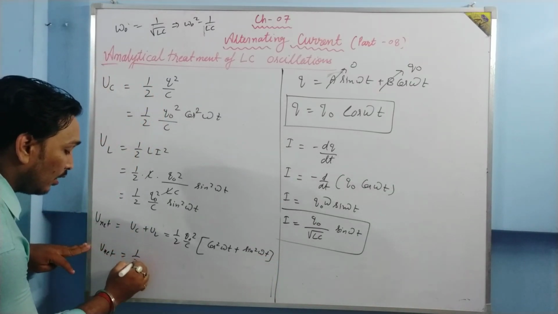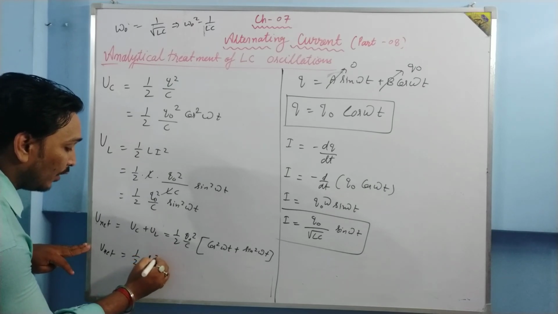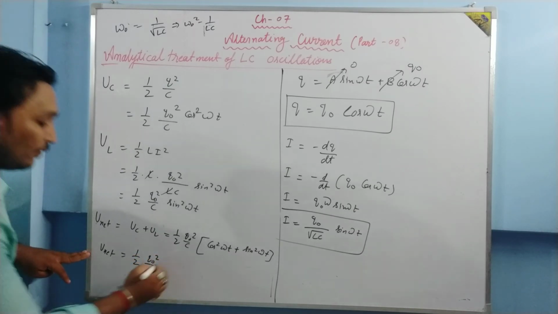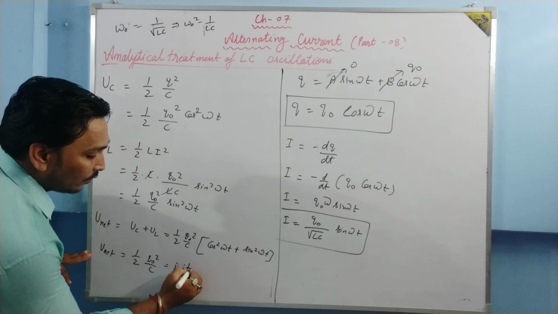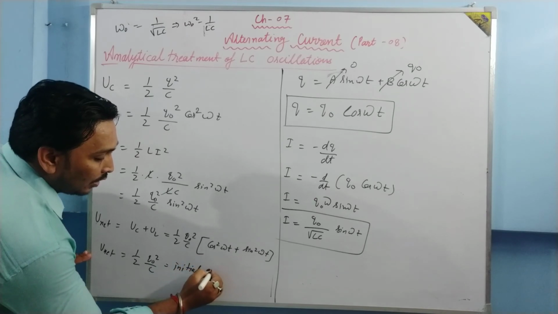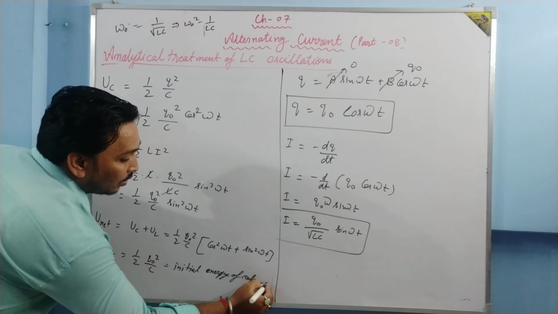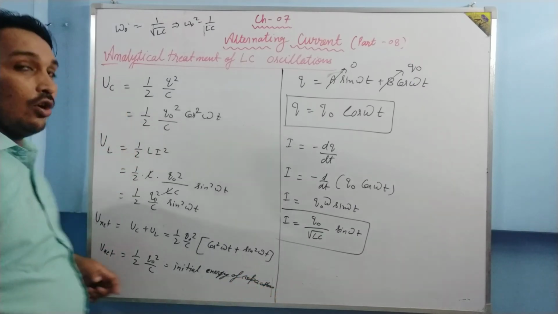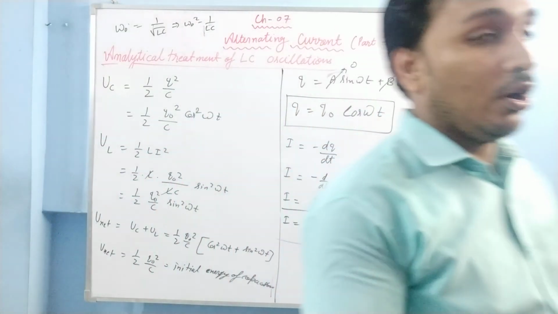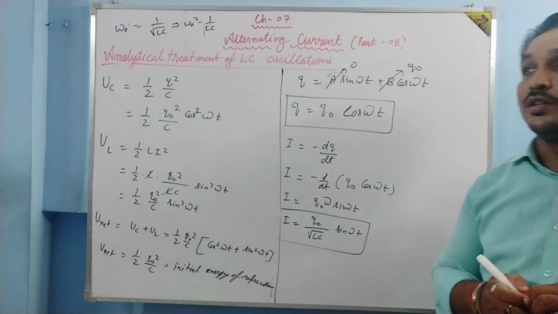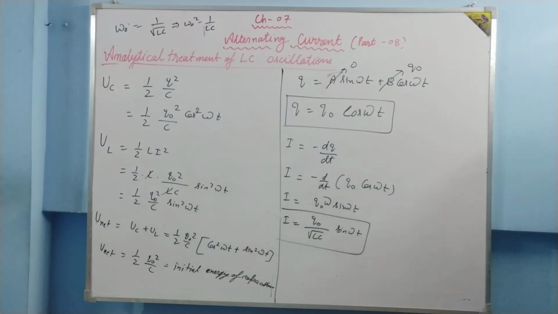So basically, the total energy at any point of time is half Q naught square by C, which is the initial energy of the capacitor. So the energy of LC oscillation always remains constant.